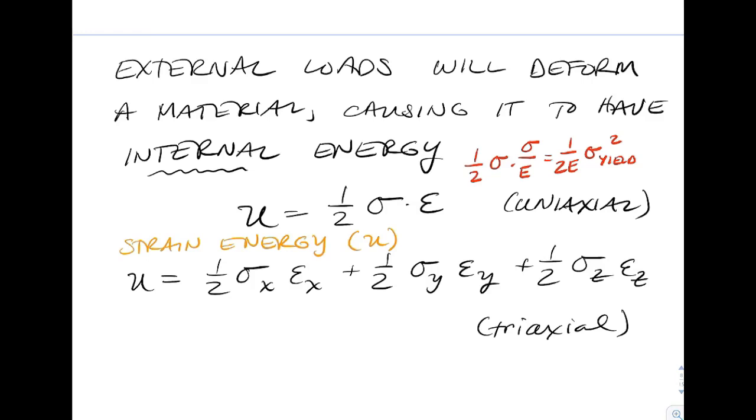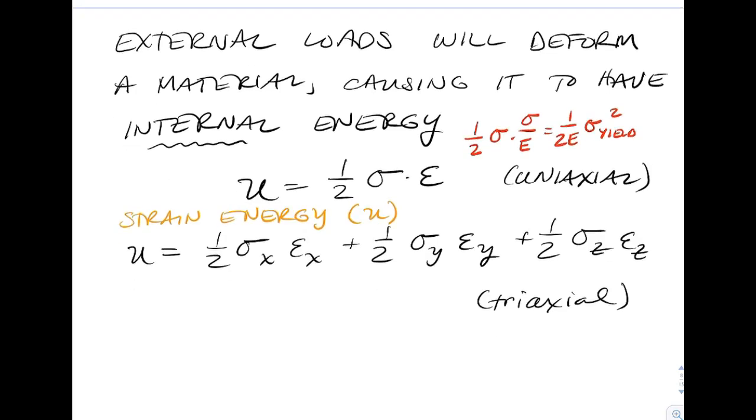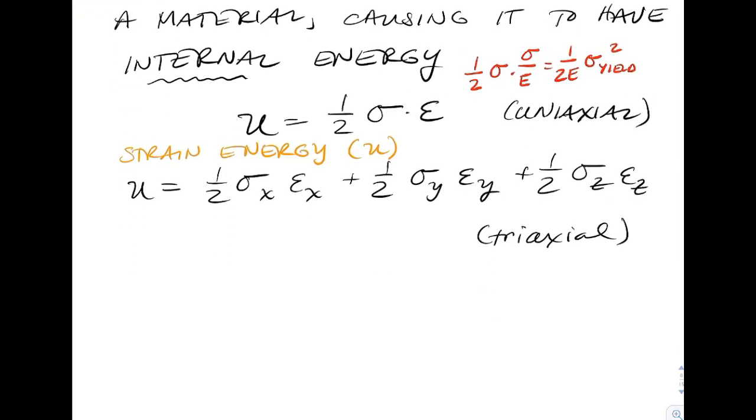So that would be the strain energy needed for yielding in a uniaxial state of stress. In triaxial, it's going to be a little more complicated. We're going to have to do that exact same integration in X, Y, and Z. And so at this point, we're just going to start plugging in some expressions.